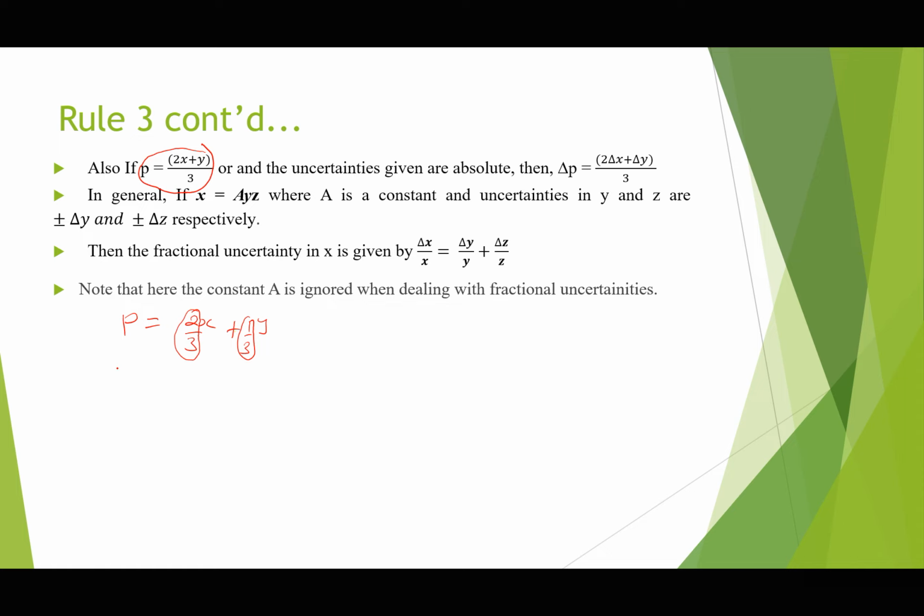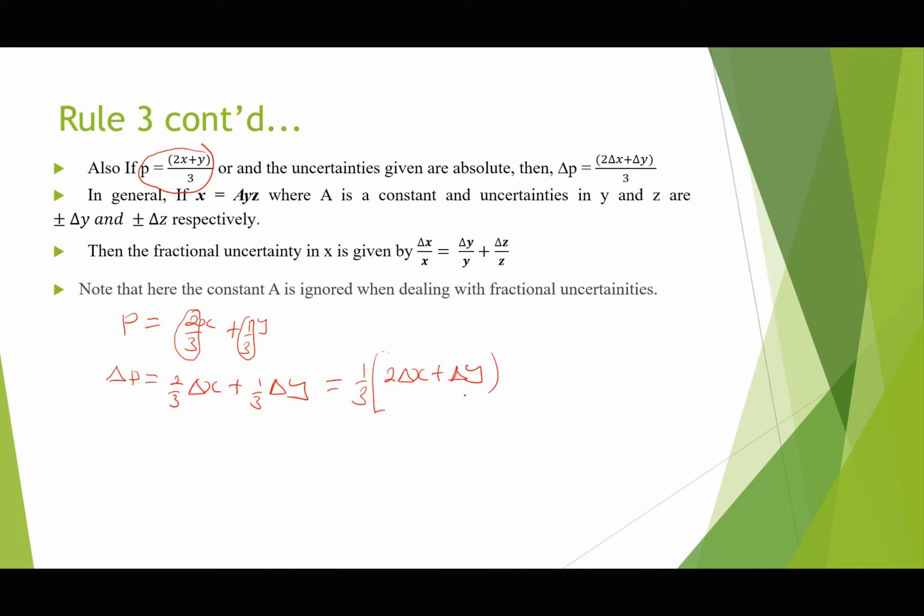Therefore, if I wanted the absolute uncertainty in P, I will multiply 2 over 3 by the absolute uncertainty in x, plus I will multiply 1 over 3 by the absolute uncertainty in y. This would simply give me the same thing as a third into twice the absolute uncertainty in x plus the absolute uncertainty in y.